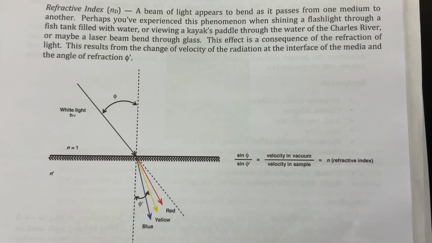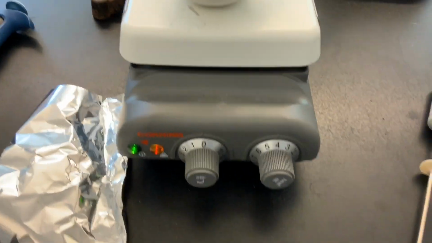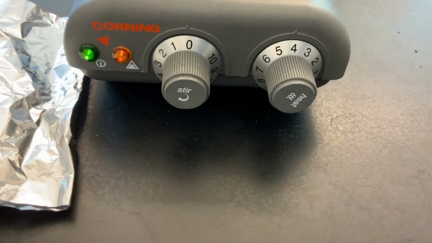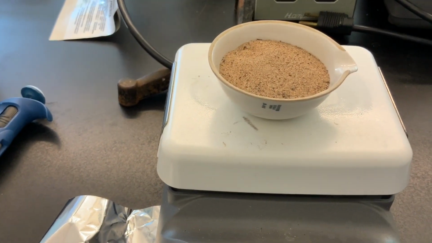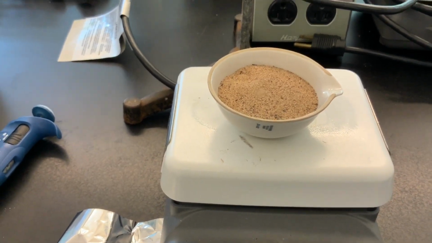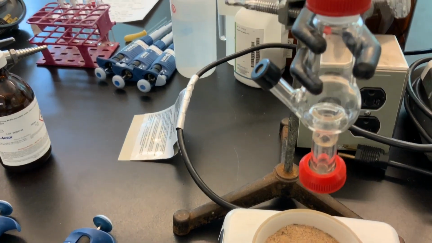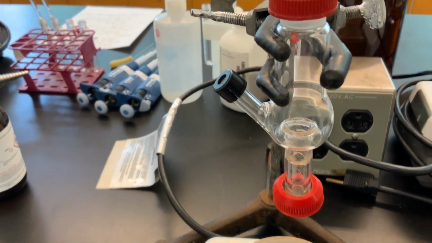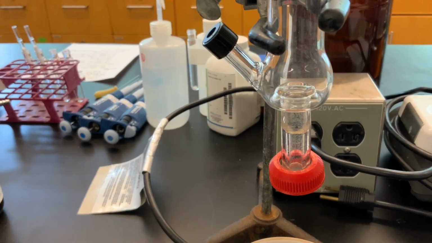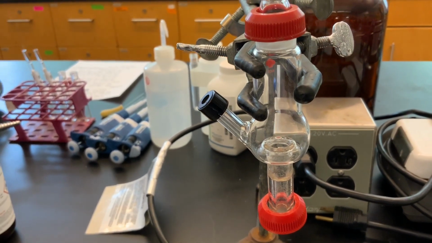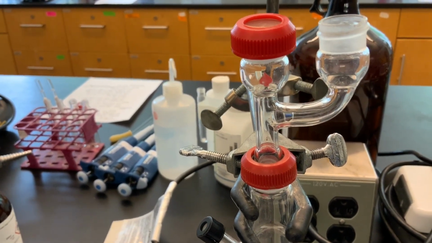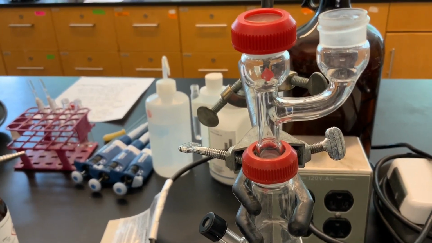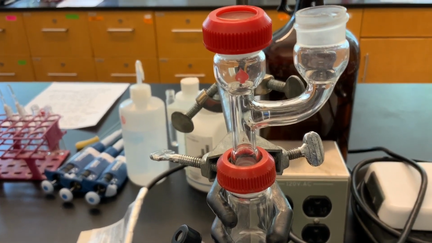So what we need today: we've set our Corning stirrer hot bath to about 4 to 5. We've got our porcelain crucible about halfway filled with sand. For the distillation, we're going to use the same Hickman-Hinkle distillation still head as we did for steam distillation. At the top now, rather than an air condenser, this is called a Claisen adapter.